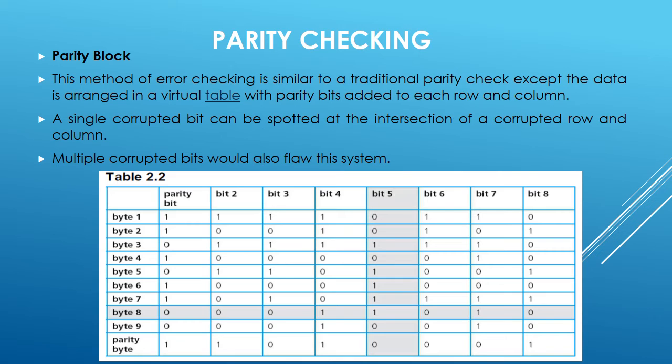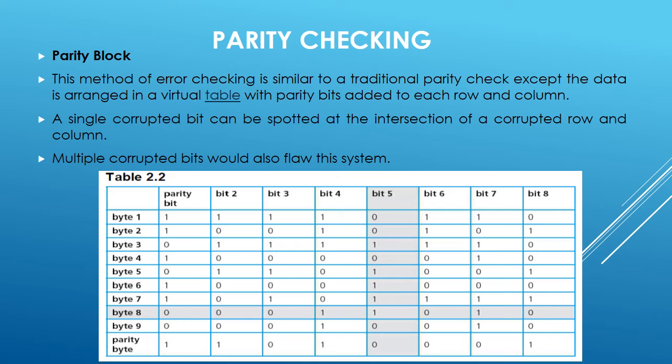In the next column, 4 ones are there and the parity bit is set to 0, which is correct. Then in the next column, 6 ones are there and the parity bit is set to 0, which is correct. Then in the last column, there are 3 ones, and to make it even, 1 is added. So this is correct.